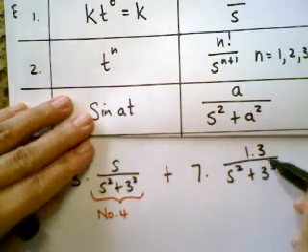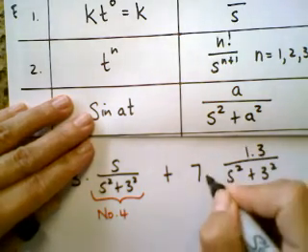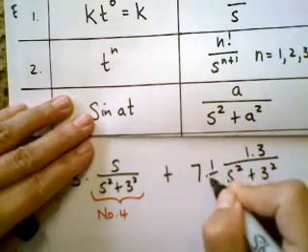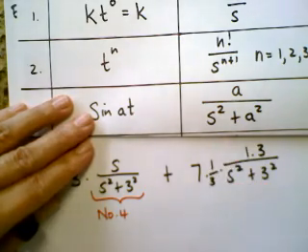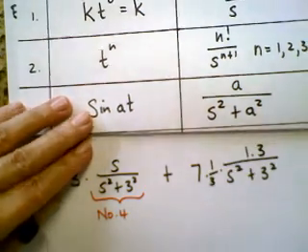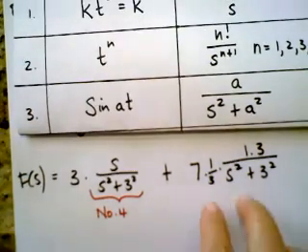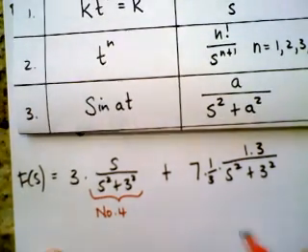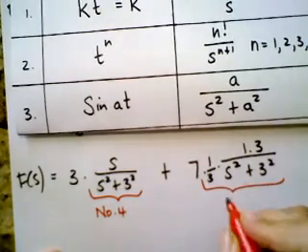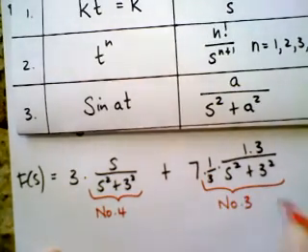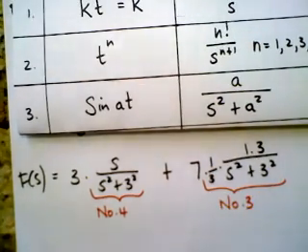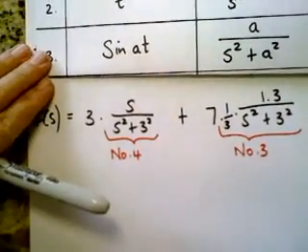Because you've multiplied in the numerator, you have to compensate with a third, otherwise you change the value of your function. So now, as it is there, that is going to be number 3 on your table.